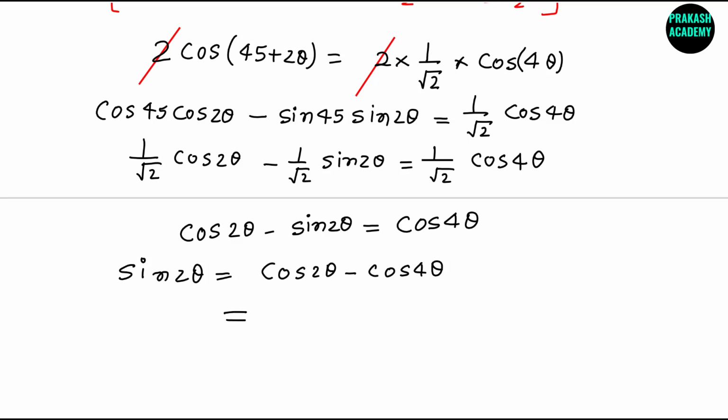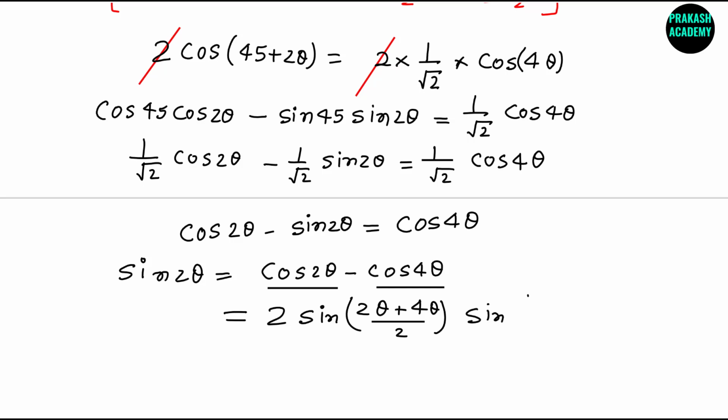So I am using the formula cos C minus cos D equals 2 sin (C plus D by 2), that is 2 theta plus 4 theta divided by 2, times sin (D minus C by 2). Sin (D minus C), that is 4 theta minus 2 theta divided by 2.